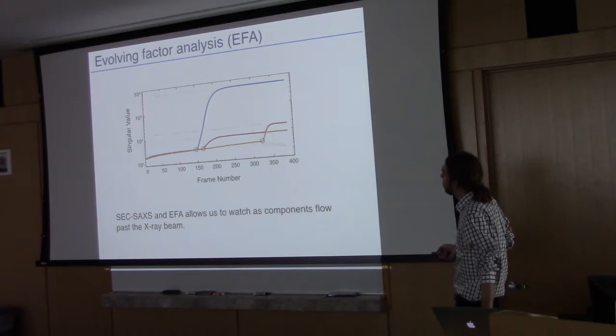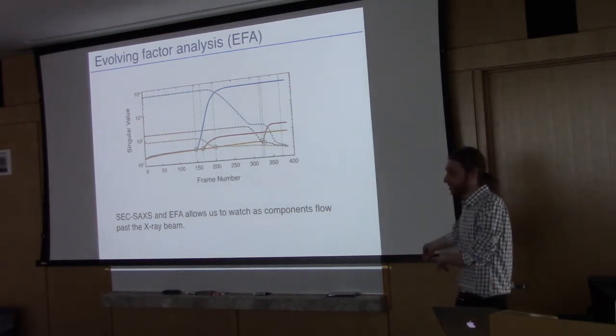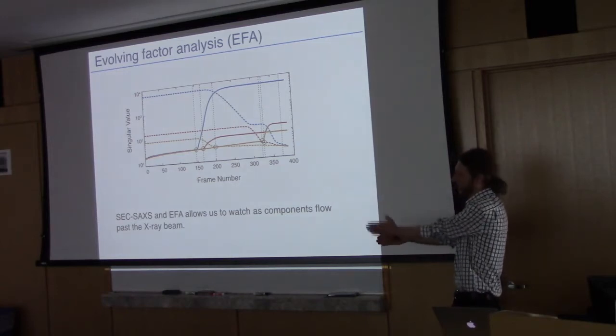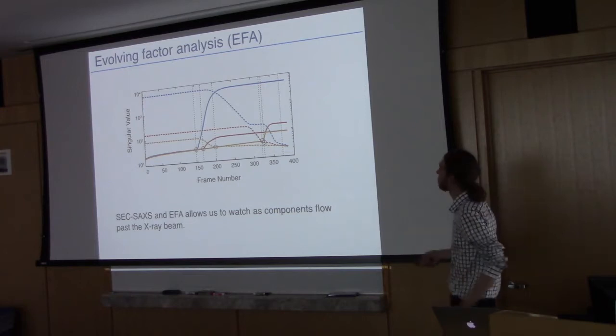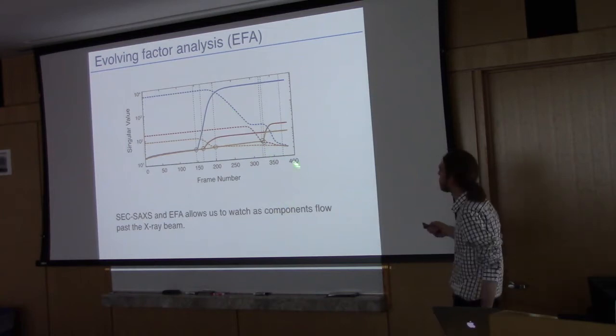And then you do this in the reverse direction. You start with t equals 30 minutes, and you add backwards in time. These inflection points tell you when a species leaves the X-ray beam.